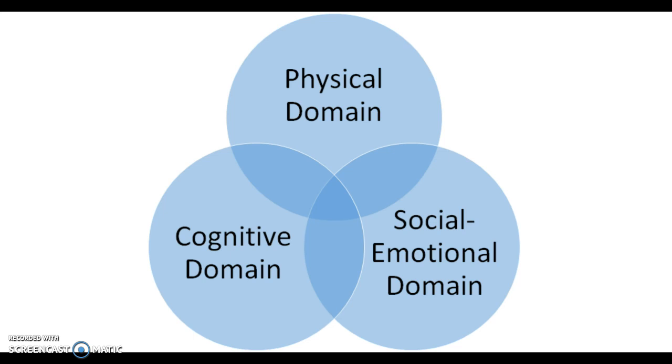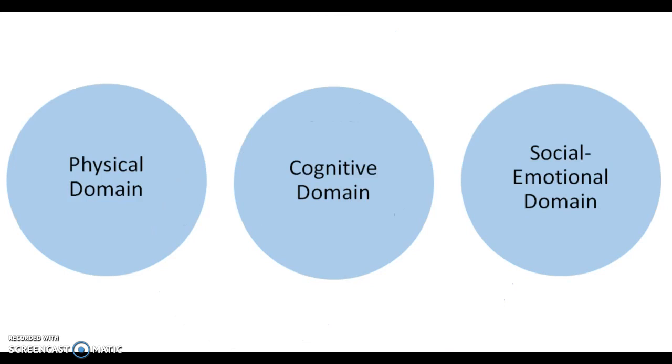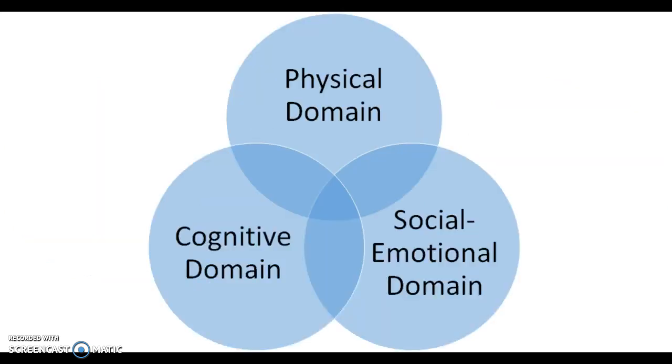As development within the physical domain is occurring, development is also occurring in the cognitive domain and in the social-emotional domain. So even though we study them separately, an individual is going to be developing simultaneously in all of these areas or domains. So it's important to think about how they influence one another.